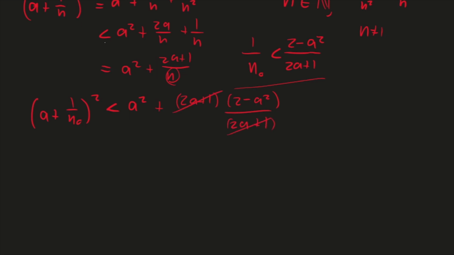So these two cancel, and we end up with (a plus 1 over n naught) squared is less than a squared plus 2 minus a squared, so it's less than 2.